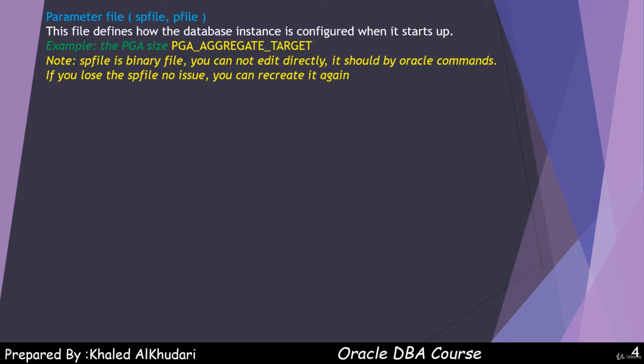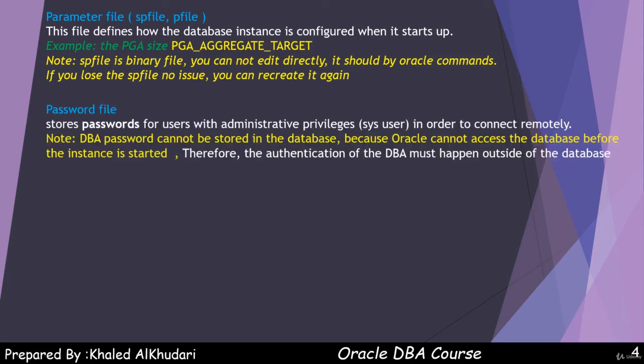Now, a very important note: the SP file is a binary file. You cannot edit it directly; it should be done with Oracle commands. If you lose the SP file, no issue, you can recreate it again, but it's better to always back up the SP file. We will talk about the SP file and P file later. So it is a very important file in order for the instance to be configured.